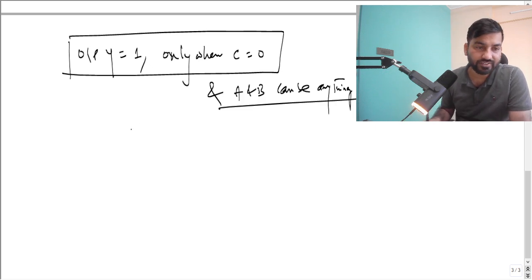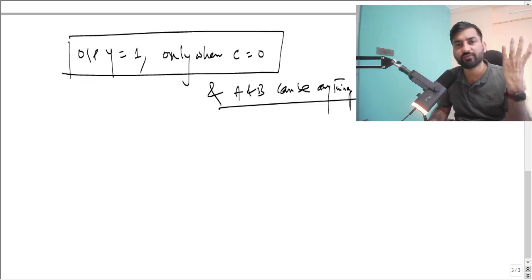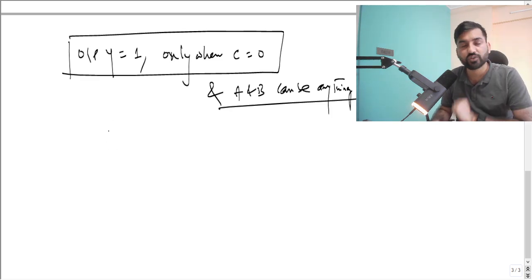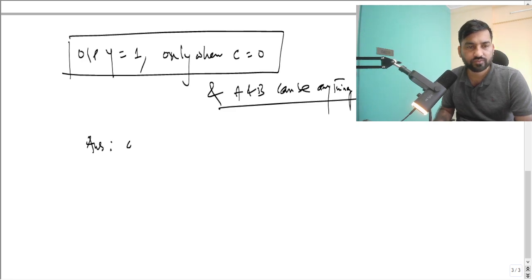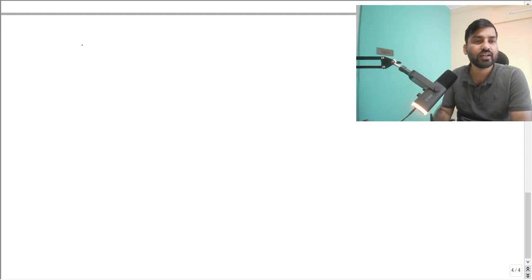So needless to write, I think you should know that, right? C will come 4 times as 0, so there will be 4 zeros. So the answer for this question is going to be what? 4. You don't have to write it out.